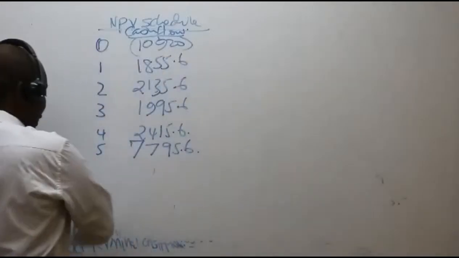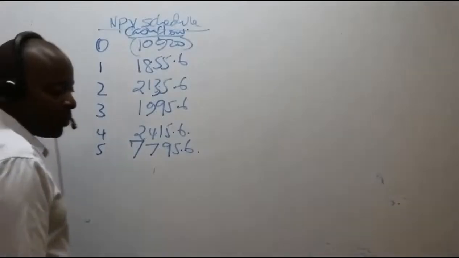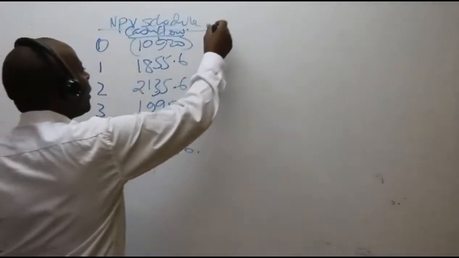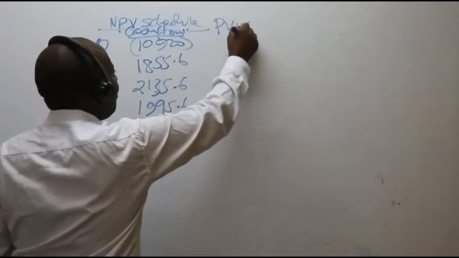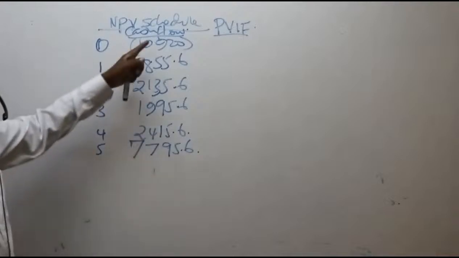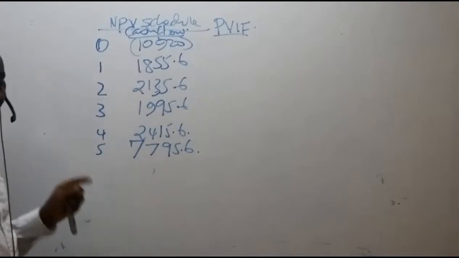Now, ladies and gentlemen, after that, what do we do? Come right away here and discount. We are discounting at PVIF, because you can see these ones are irregular. So we're going to use the present value interest factor, the PVIF.